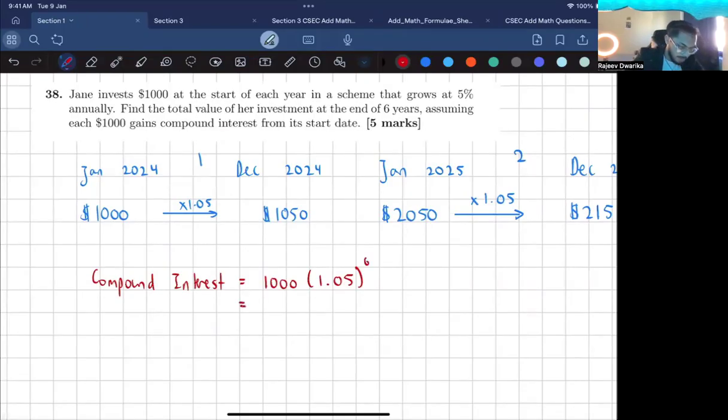So plug that into the calculator and let me know what you get. $1,340.10. $1,340 and 10 cents.